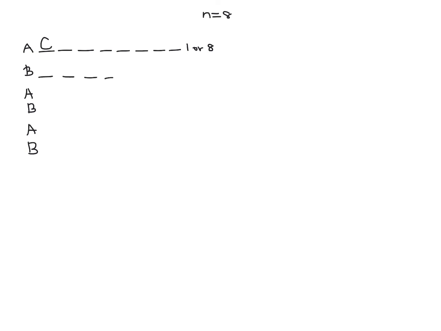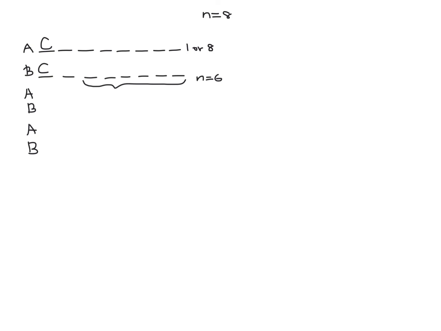Then Bob can go. There's already a coin there, so he can only place a coin in those 6 slots. So he can put the coin anywhere in here, correct? So now this actually becomes a scenario of n equals 6.